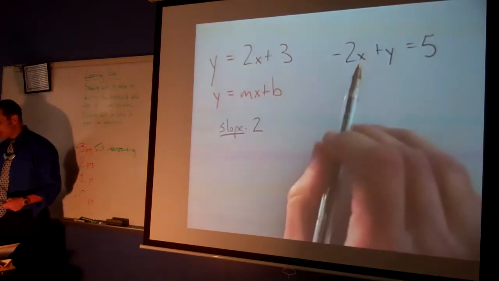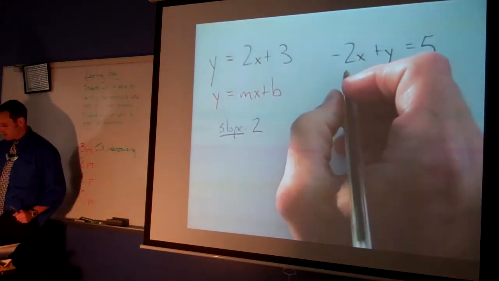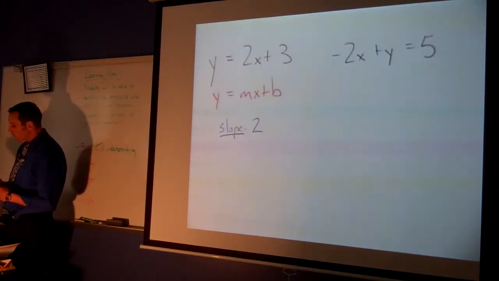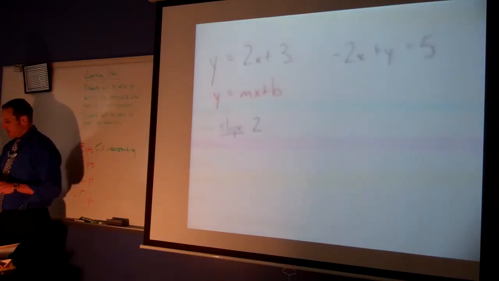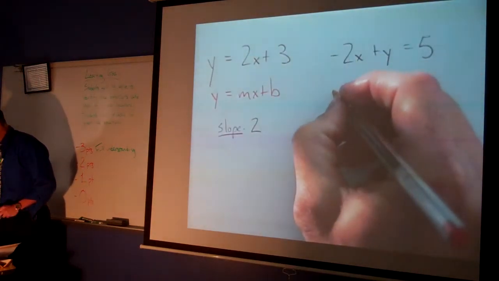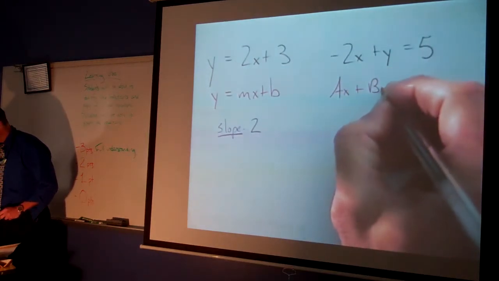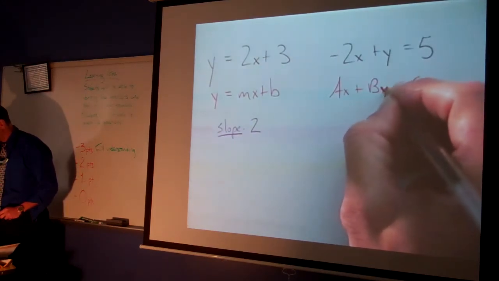And the slope of the second line, we can do a few ways. We can solve for y, just like we've done in the past, or we can recall that there is a shortcut. This equation is in what's called standard form, where we have the x term first, the y term second, and then the constant.